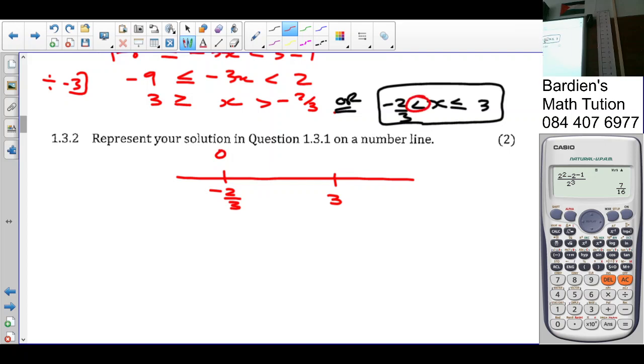Okay? At 3, a closed circle. So we read the inequality: x is more than negative 2 over 3 and x is less than or equal to 3. Okay? It's fairly simple. No rocket science, no?